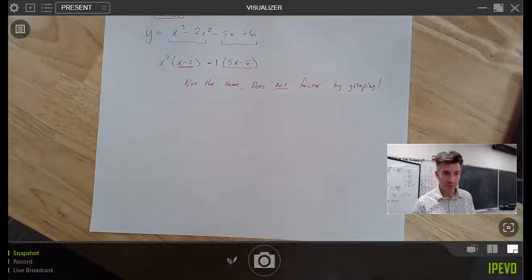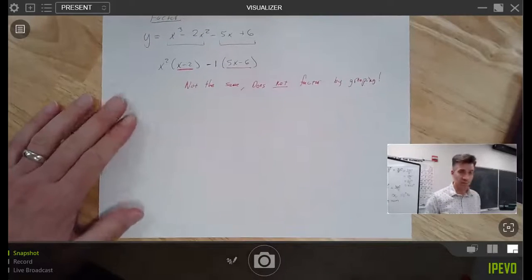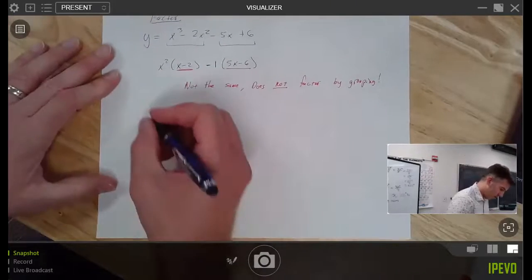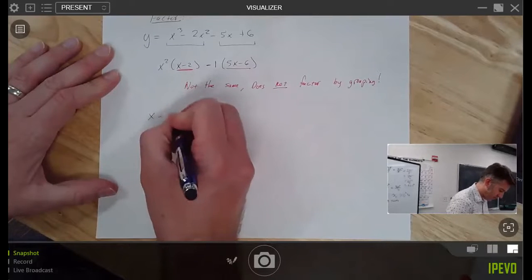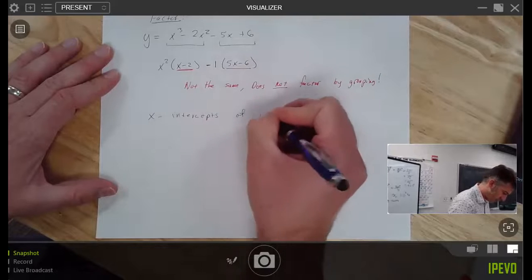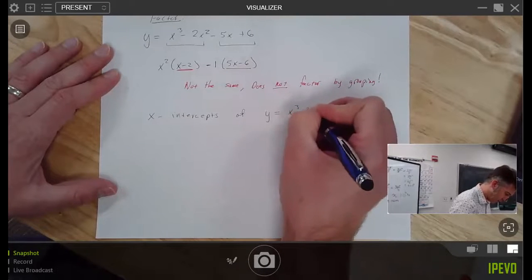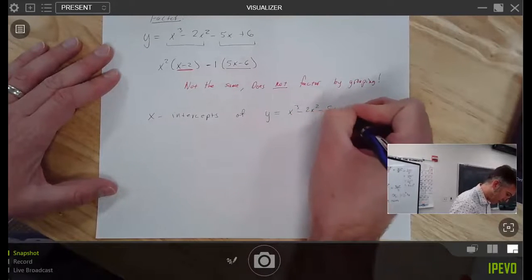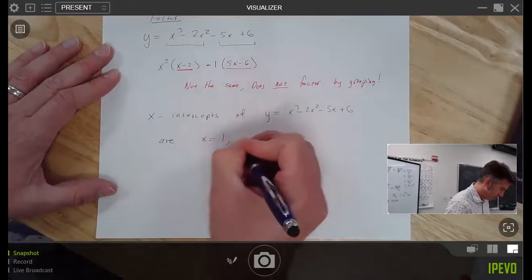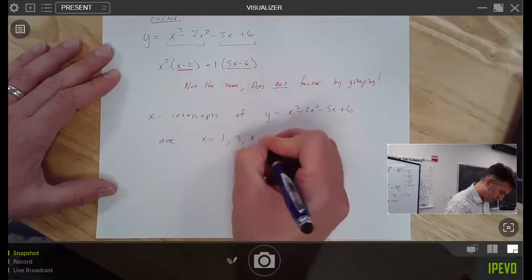So what do we do? Well, this is where we would maybe use some tools like Desmos. If we use Desmos, we can see that the x-intercepts of y equal to x cubed minus 2x squared minus 5x plus 6 are x equal to 1, 3, and -2.